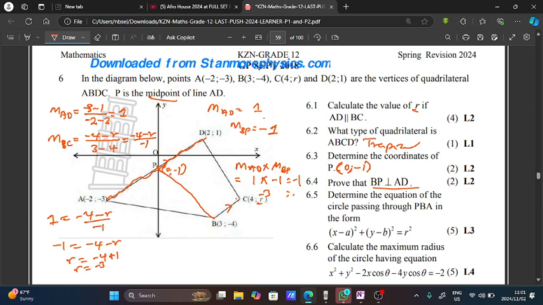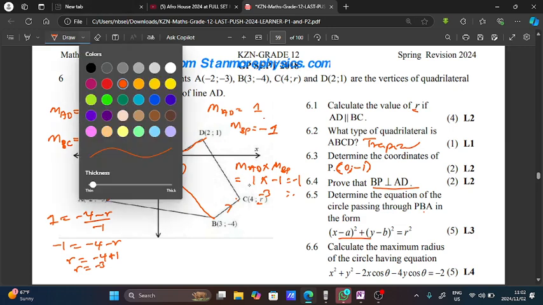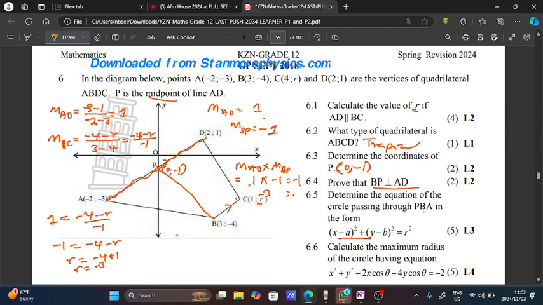Determine the equation of the circle passing through P, B, A in the form of this one. Now let's draft that. It's passing through P, B, A. A is down there.